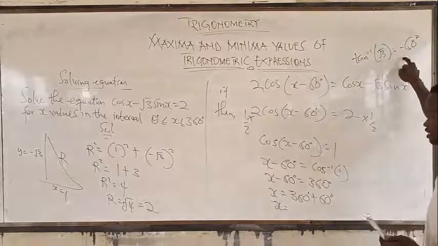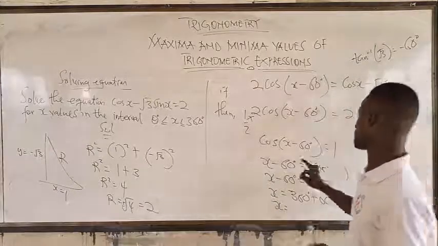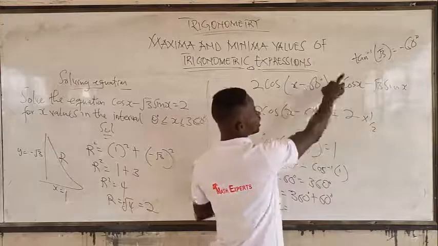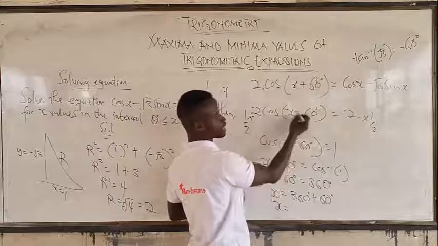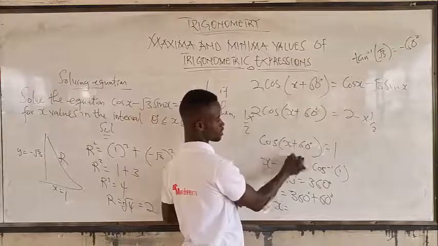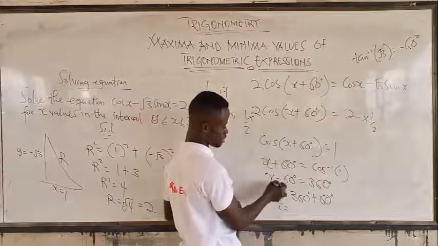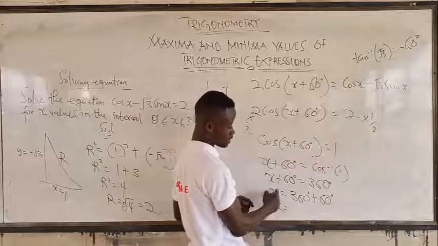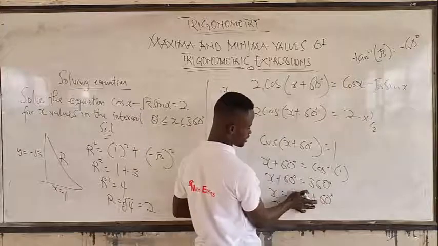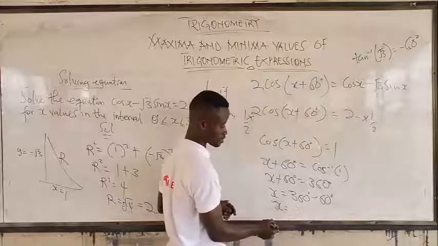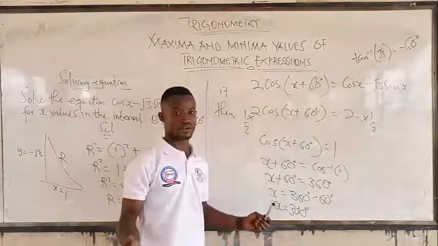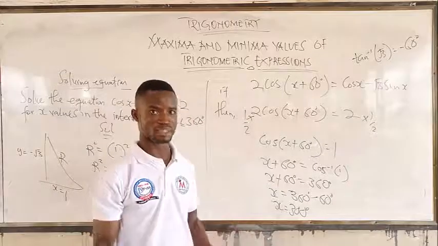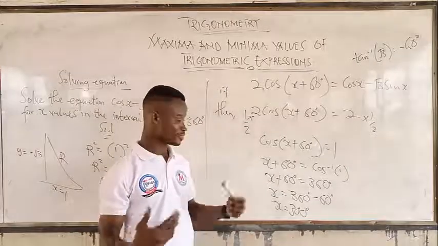So if you are bringing negative 60 degrees here, here will be plus. And when you take this one to this side, here you will subtract. So you end up getting 300 degrees. Sorry, in case sometimes I make a mistake. In fact, sorry for that.